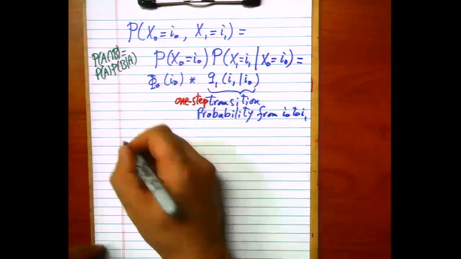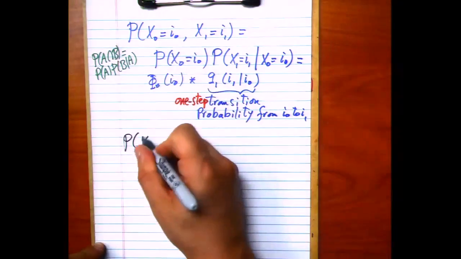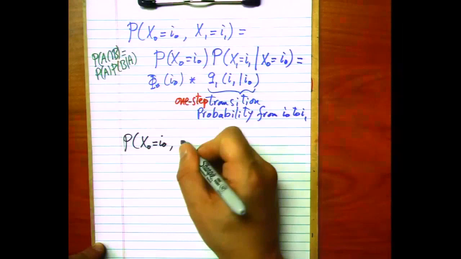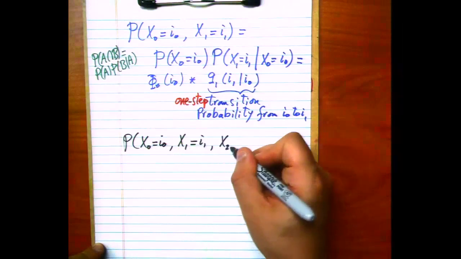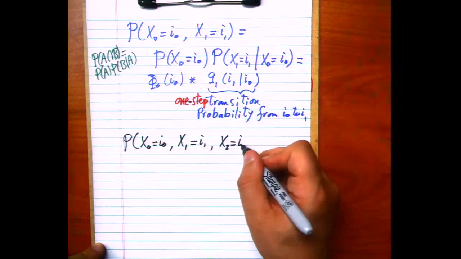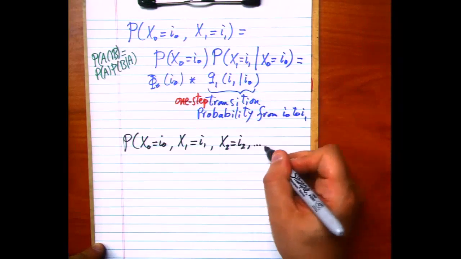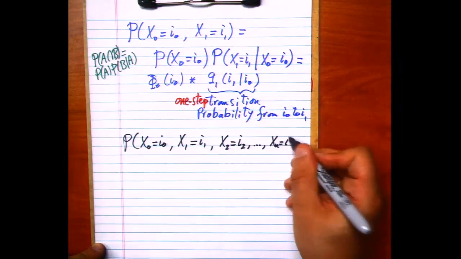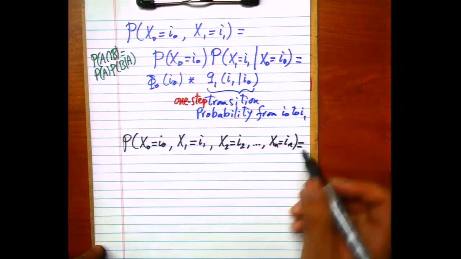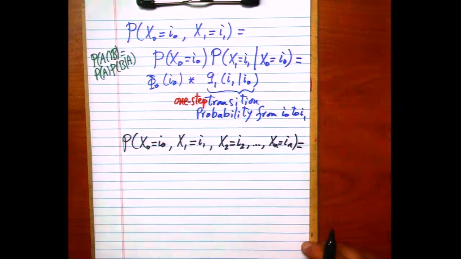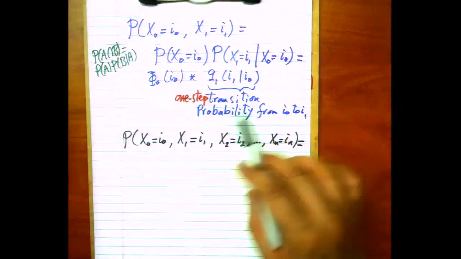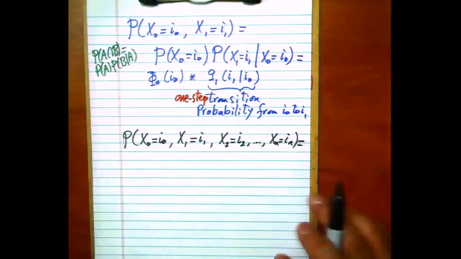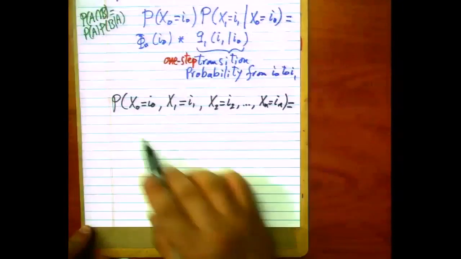The probability that x0 is I0, then the process moves to I1, then moves to I2, all the way up to In, can be found in a similar way, using the similar formula we discussed here. After we do this, we would say we are done.